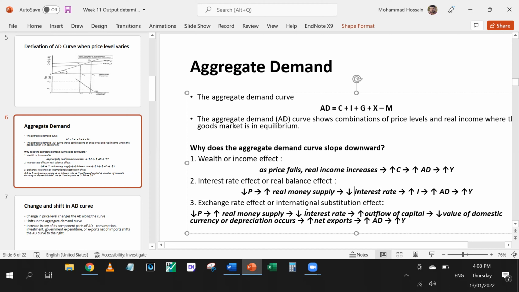Now the Chinese people will start to think, if we buy a $10 bottle of wine, we are actually paying 40 RMB. So Chinese people will start to feel the price of Australian wine has gone down. As a result, they will be purchasing more, and this will increase the net export. That's what they mean here.